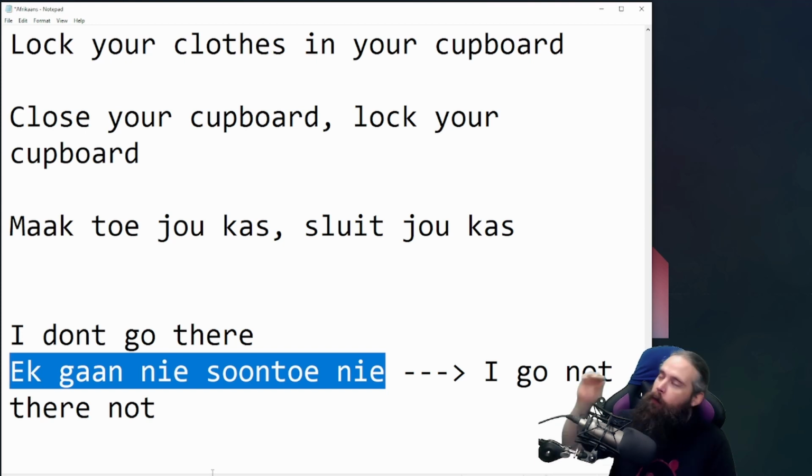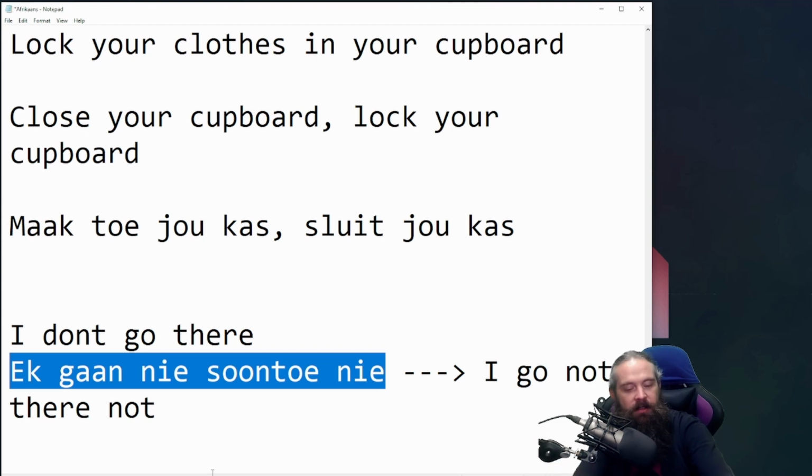Now, it's not important to do the double negatives. If you speak to a seasoned Afrikaans speaker, they'll take a few moments just to compute what you're saying and then understand. So that is a double negative in Afrikaans, essentially.